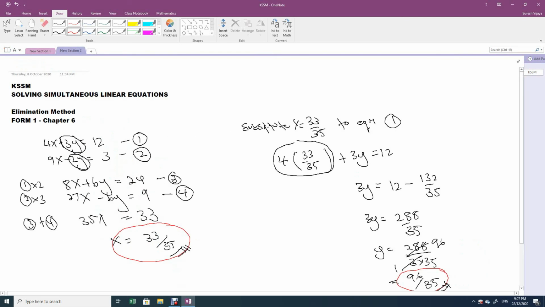Again, I explain, it doesn't matter how you do it, as long as you follow the rules correctly, you will eventually get the same answer. Either elimination method or substitution method, if you are given the same equation, you will still get the same answer. Okay, so hope these two examples will help you to understand the steps on solving simultaneous linear equations.